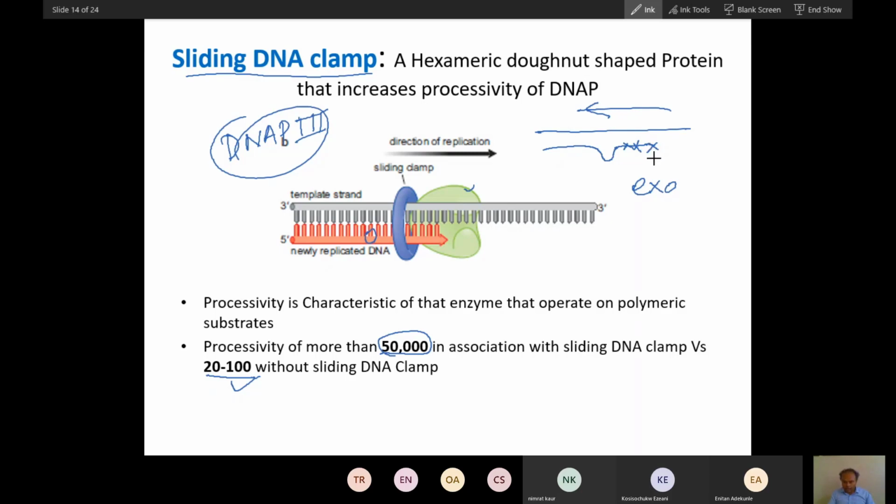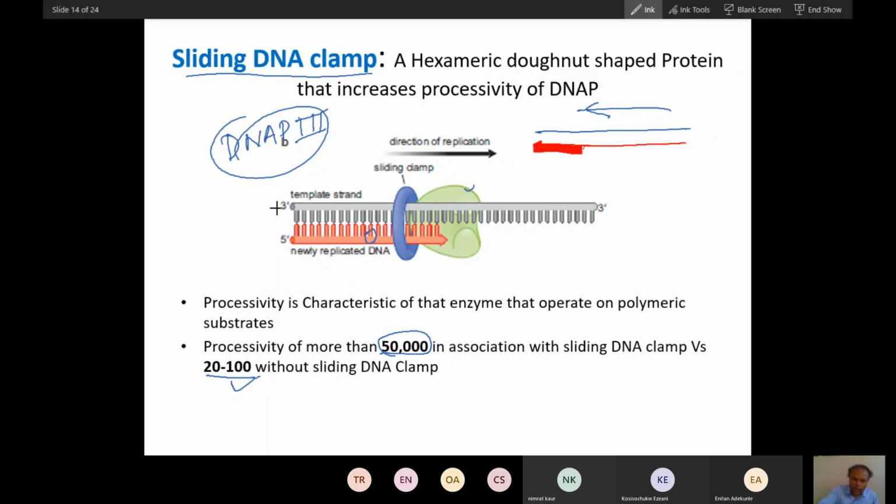It will remove these nucleotides from backward to forward, up to this point, and then the DNA polymerase will start synthesizing fresh DNA like this.